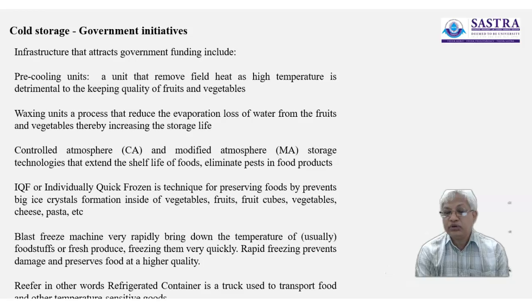A pre-cooling unit is nothing but a unit that removes heat, because high temperature becomes a problem to store the fruits and vegetables fresh and with the same nutritional value. That means by the time it is harvested and comes to the consumer market, it would have lost all the nutrition value because of heat.